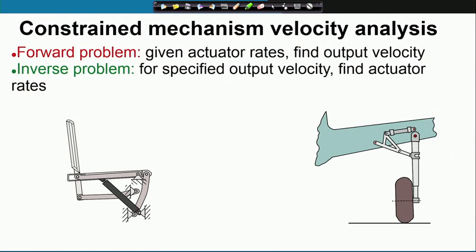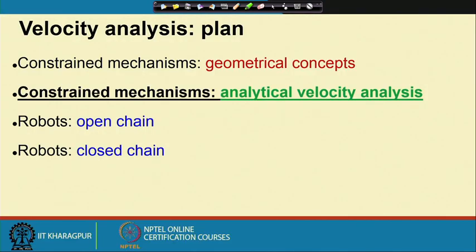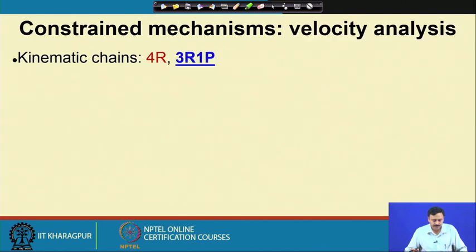That means, from the actuator to the output, we have these problems for the constraint mechanisms for robots, in which the path planning problem or path generation problem is of importance, and which very intimately depends on the velocity analysis problem for robots, which we are going to discuss. We will continue with the analytical velocity analysis approach for constraint mechanisms, and we are going to look at the 3R1P chain.